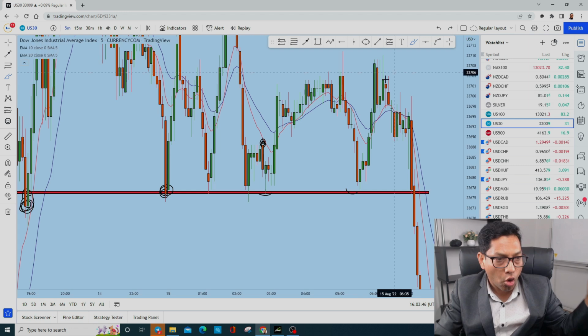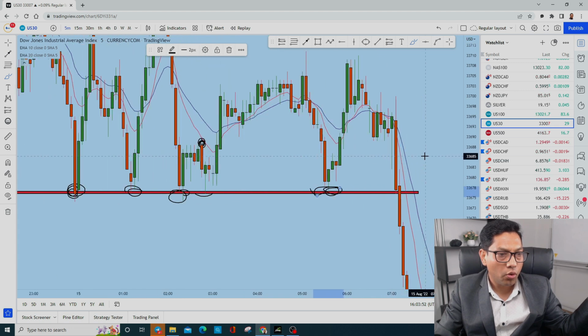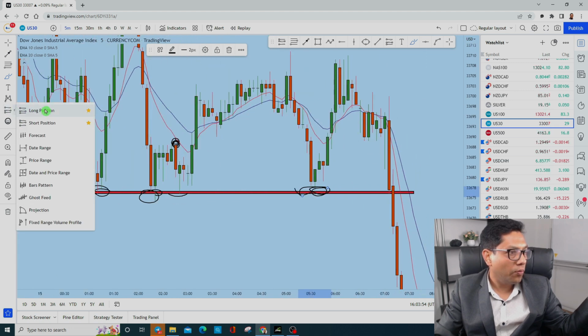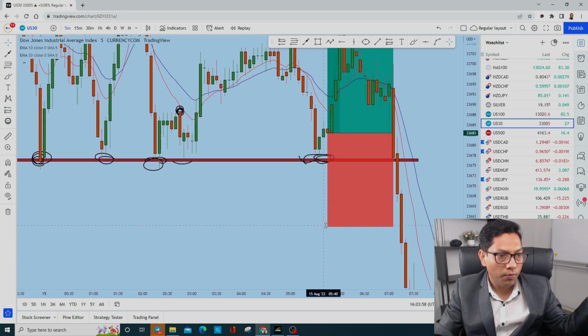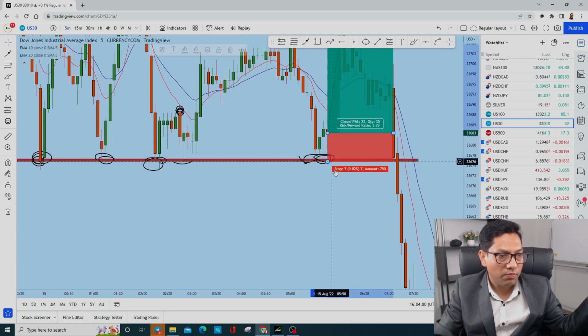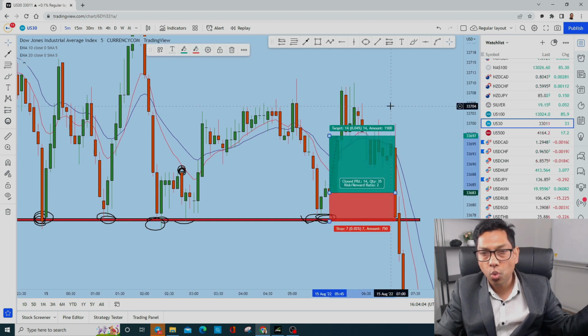If we go long from the same zone, as this is the previous support, the same level of support, keeping our stop loss below this low, that's an awesome winning trade as well. You can easily take a 2 to 1 reward to risk ratio for this trade.